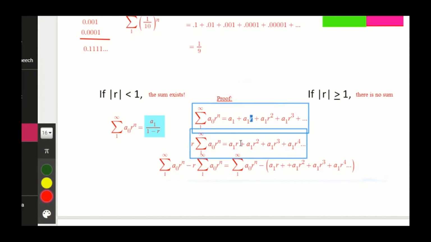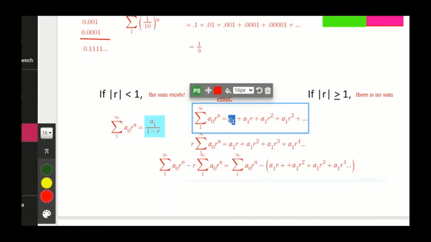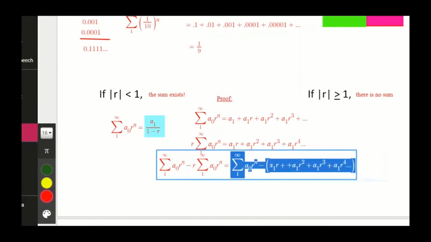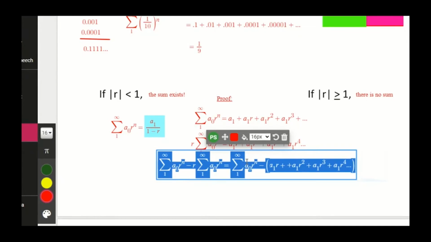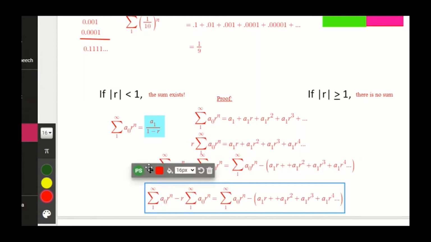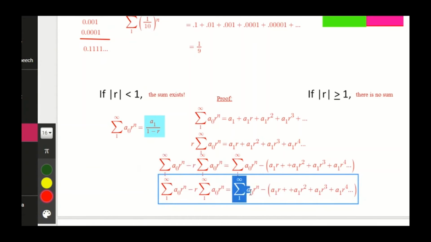Notice that both of these sums have basically the same sequence, except this first one just has that a sub 1. It's like one extra term. So what I'm left with, this whole right side, is just a sub 1.